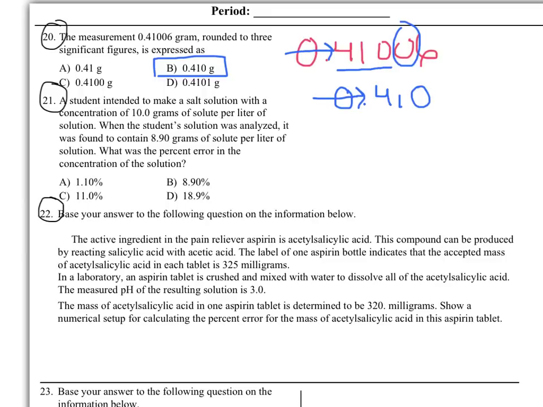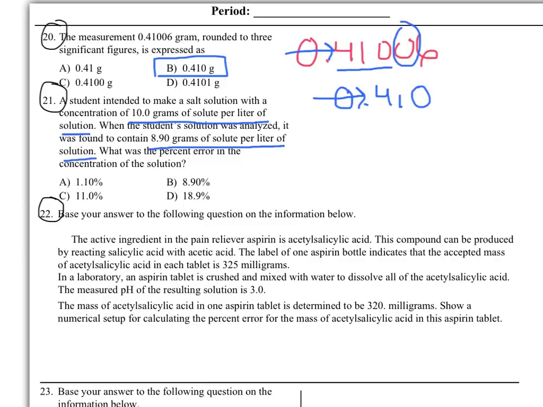The next question is a percent error question. The important part in this question is to identify what numbers we're going to use in percent error. We're going to use this 10 grams of solute per liter of solution, and we're also going to use 8.90 grams of solute per liter of solution.